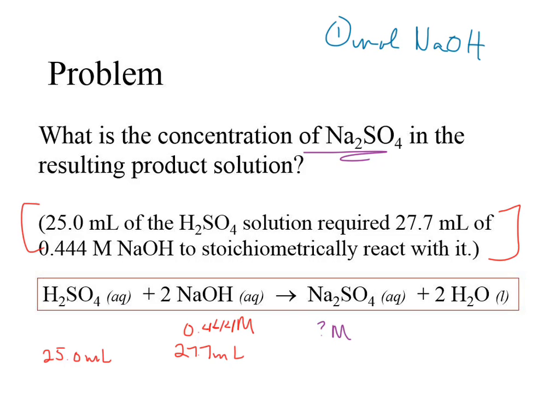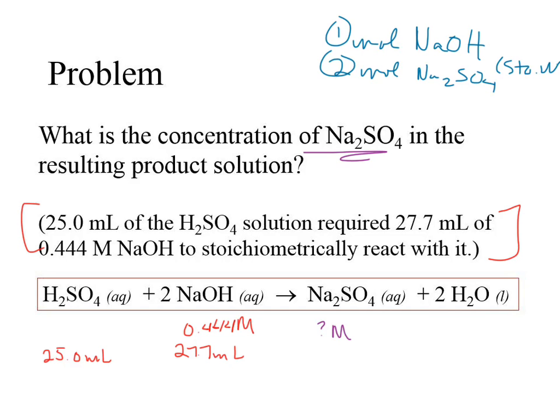That was that 0.0123 moles of NaOH using volume and molarity. And then we can get to moles of Na2SO4 using stoichiometry. Looks like we've got, what, a 2-to-1 relationship from the balanced equation. So we can get to moles of Na2SO4.